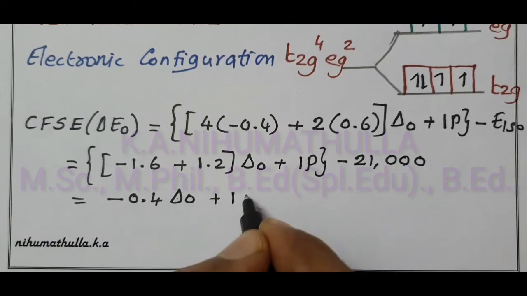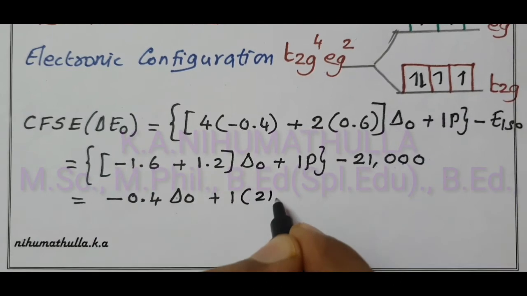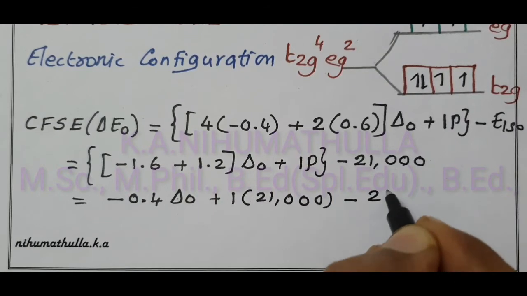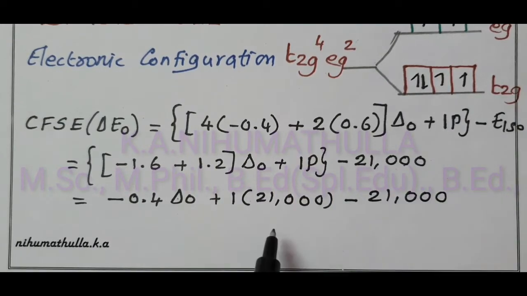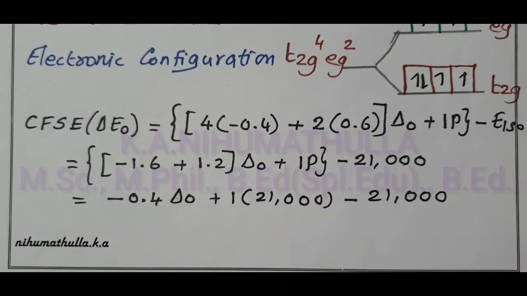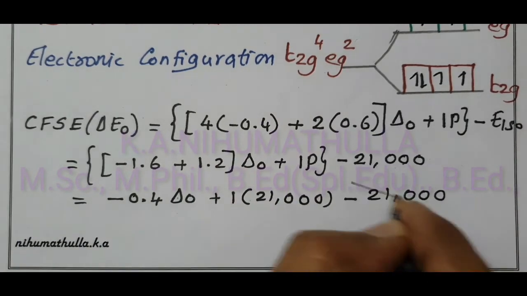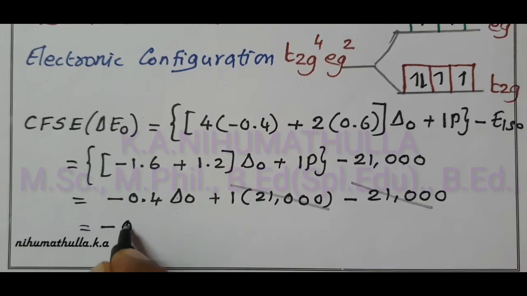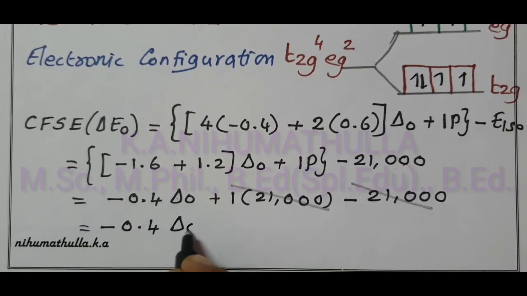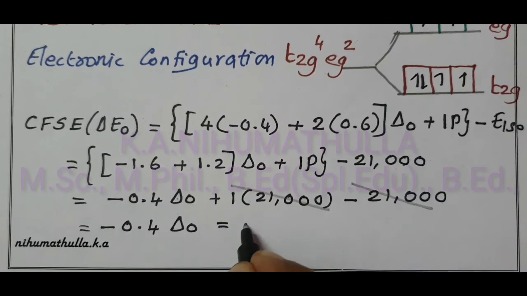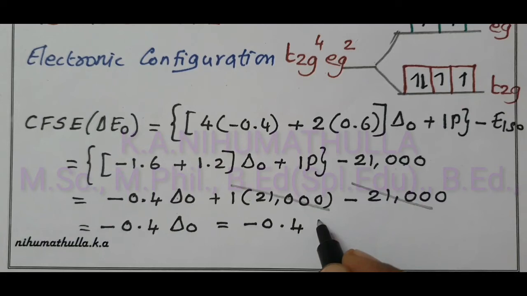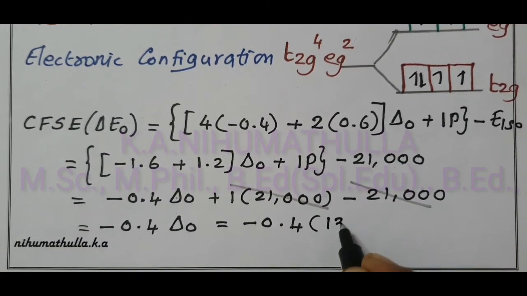What is that pairing energy? 21,000, as given. Minus 21,000 and plus 21,000 get cancelled. So it equals minus 0.4 into delta O, and the delta octahedral value given is 13,000.